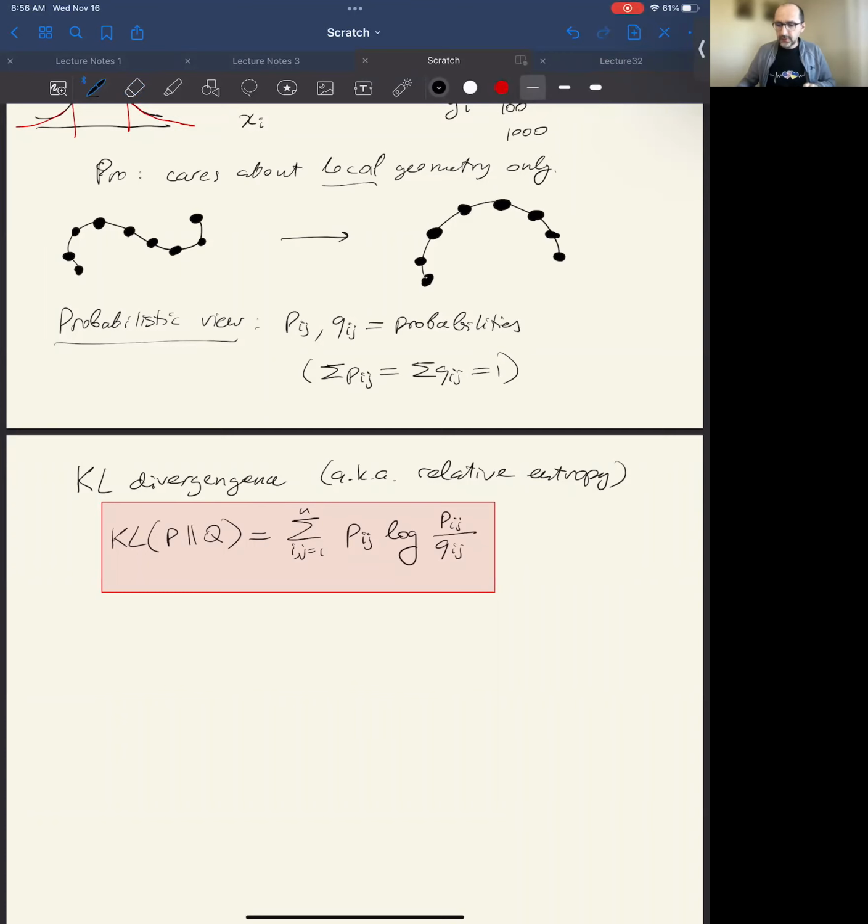Let me say it in words. So heuristically, the KL divergence means this. This is our true data. This is our model of the data, something that we impose on the data.